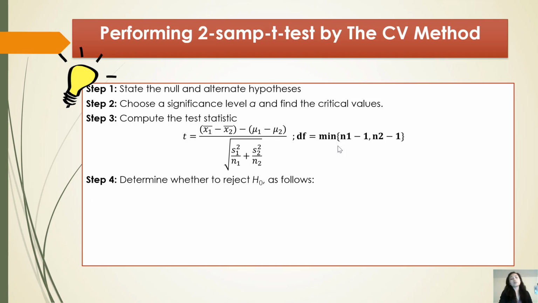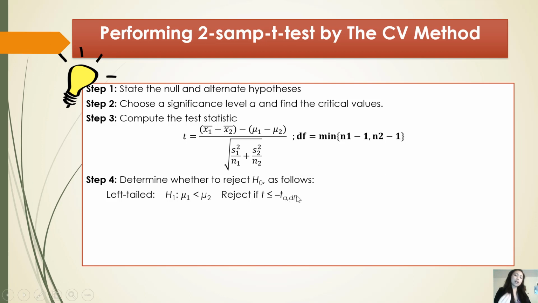Step 4, we have to determine whether we reject the null or do not reject the null hypothesis. It really depends on whether the test is left tail, right tail, or two tail. If we are dealing with a left tail test, the critical value should be negative, minus t alpha, df.